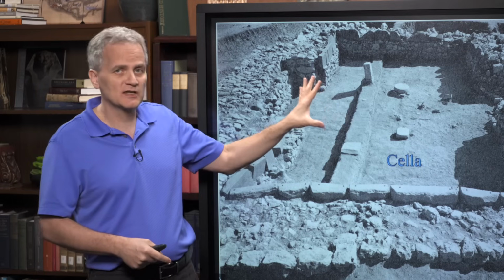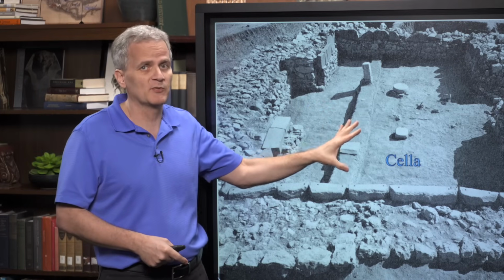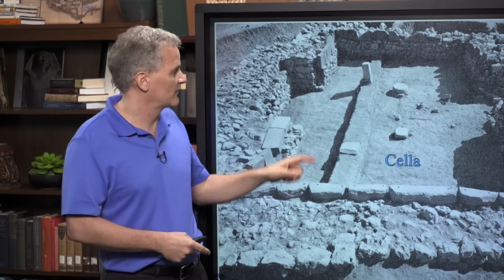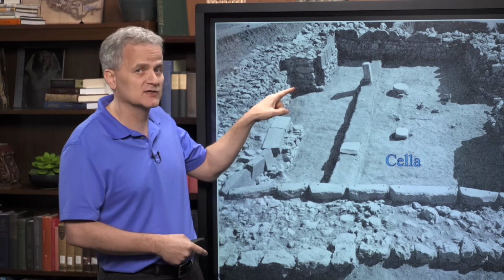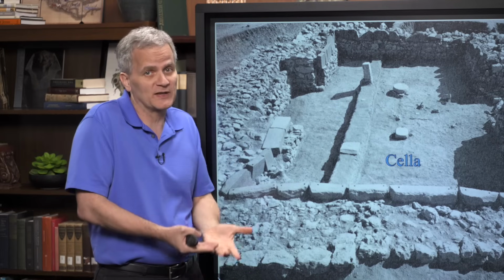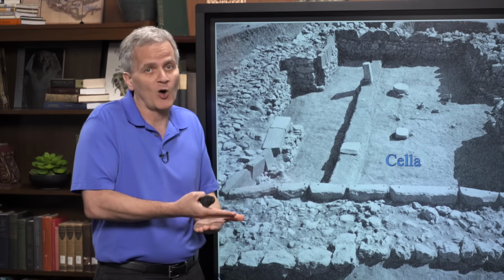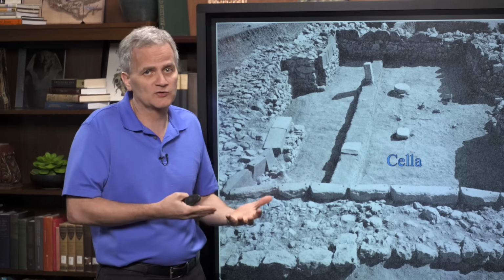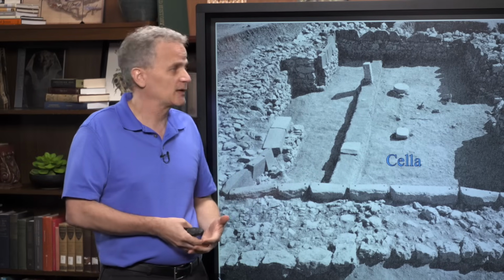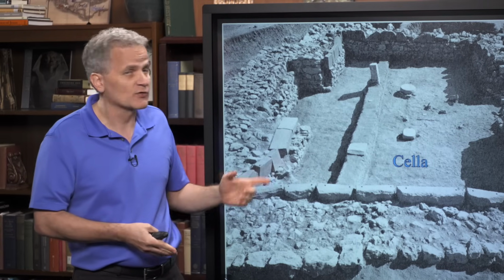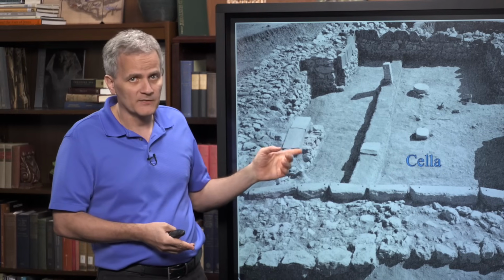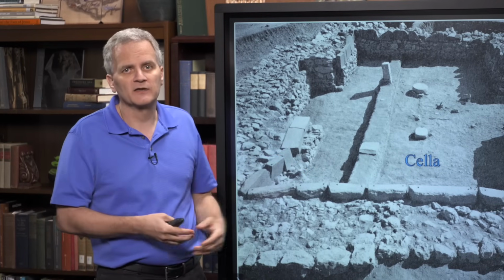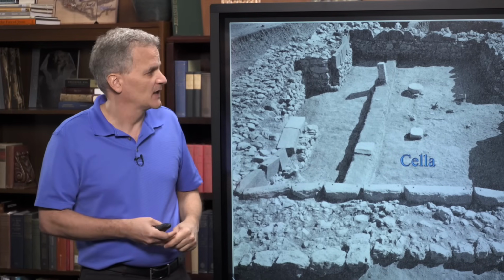So this is the most important room in the temple, the place where the deity itself dwelled, and that would have been right in this area here. Most likely there would have been something it was propped up on, perhaps made of wood, which is why we don't see anything structurally here, but almost certainly it was raised off of the ground. So this is where the deity dwelled, and the priests came and served it in the temple.